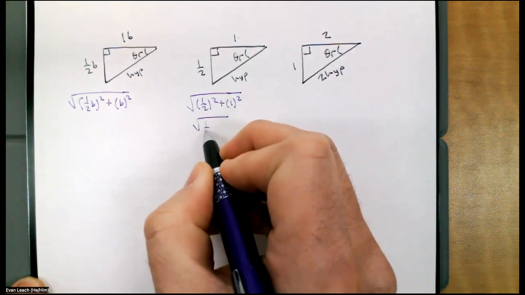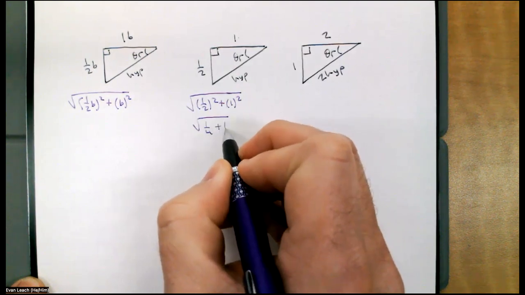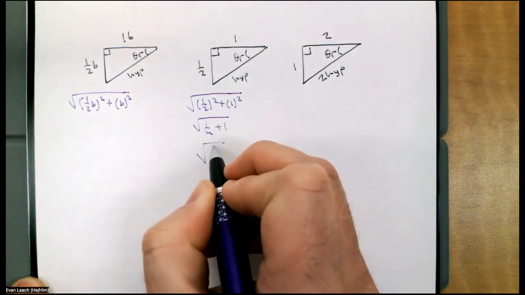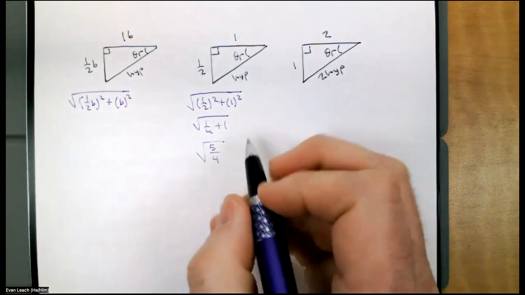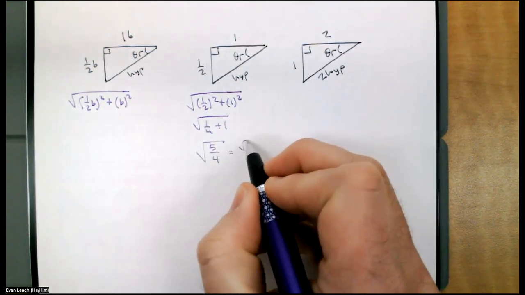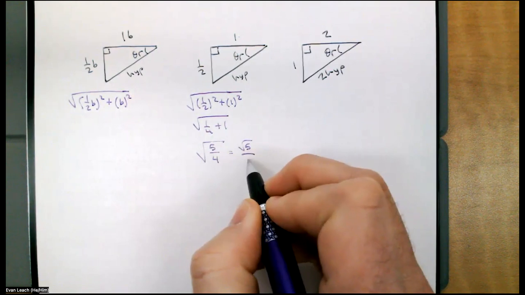So a half squared is a fourth, 1 squared is a 1. So we'd have the square root of 5 over 4. We could simplify this, take the square root of the top and the square root of the bottom. And the square root of 4 is 2.